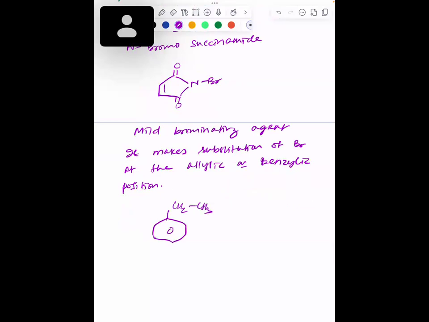This is the benzylic position. The allylic position is the one with a double bond on the next position. This position is the allylic position. So NBS brominates only these two positions, not other positions.